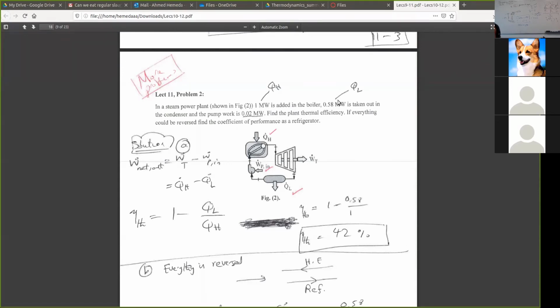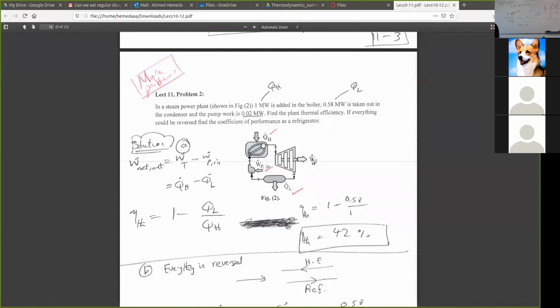W dot out net is 1 minus 0.58, which is 0.42 megawatt. This is exactly the net work, which is W dot turbine minus W dot pump. So if you want, for example, the W dot turbine, it is 0.42 plus 0.02, 0.44. It's much larger.